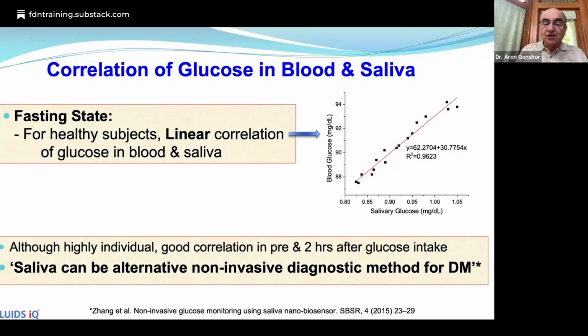In this particular study by Zhang et al., they said saliva can be an alternative, non-invasive diagnostic method for testing for diabetes, for example.